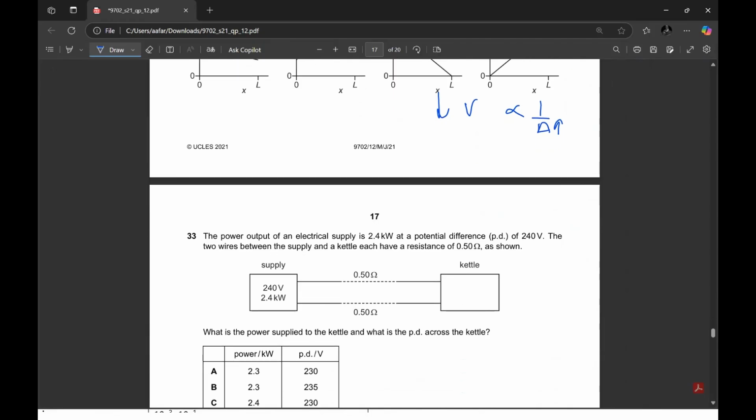The power output of an electrical supply is 2.4 kilowatts at a potential difference of 240 volts. Two wires between the supply and a kettle each have a resistance of 0.5 ohms. What is the power supplied to the kettle and what is the potential difference across the kettle?